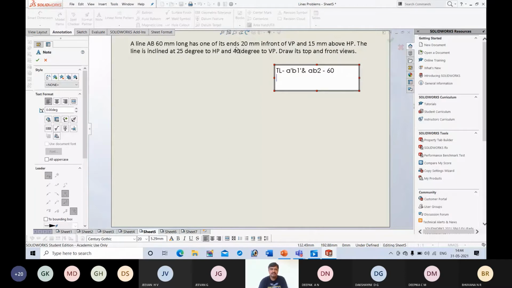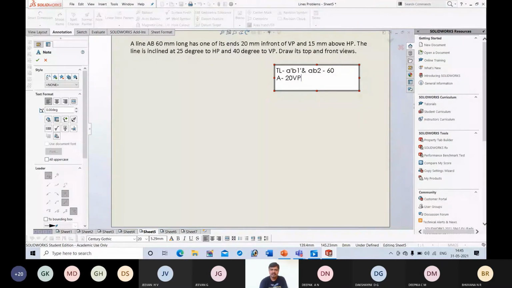One of its ends: in the previous class also we discussed that in projection of lines, we are going to consider only the ends. Here A and B are those ends. One of its ends means it can be A or B. I will consider it as A. So the location of one of the ends is given, that is A. It is 20 mm in front of VP, since from projection of lines onwards, a point or line will be kept in the first quadrant.